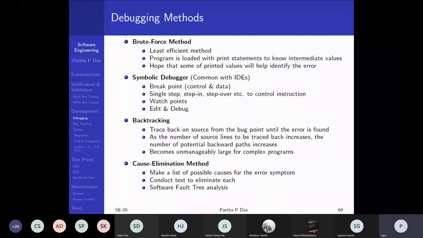I think after statement 3, this value must have been computed, which is checked in statement 4. So after statement 3, I need to know the value. So I have a white boxing requirement, right? So I will put a print statement. What does the print statement tell me? It gives me the internal state during execution at that point. So, as we say, the observability of the system increases.